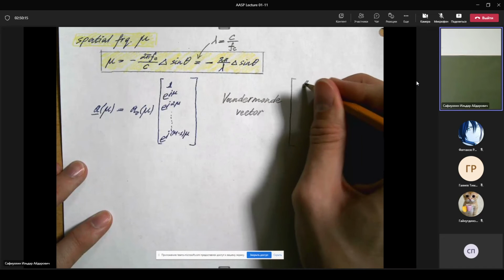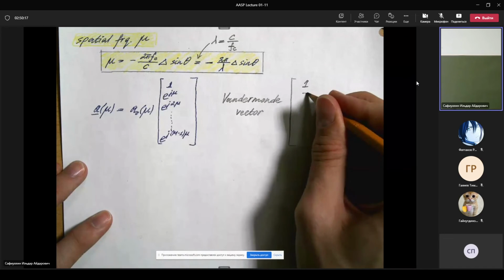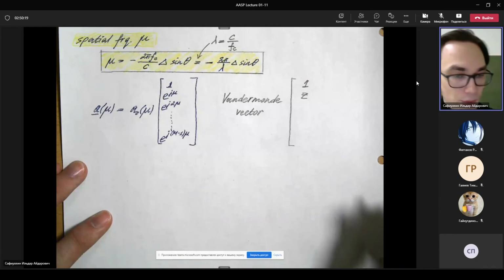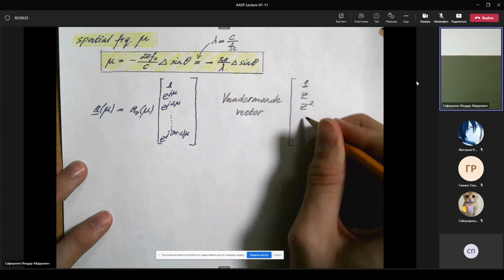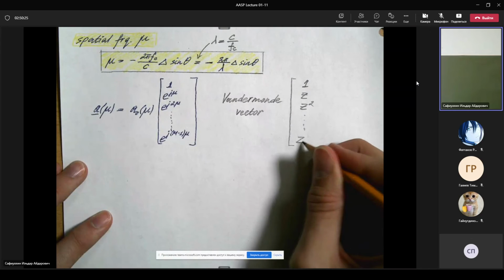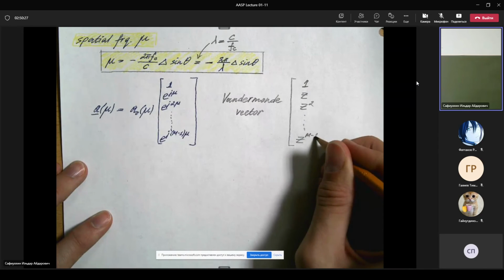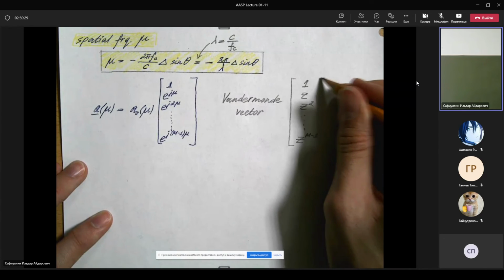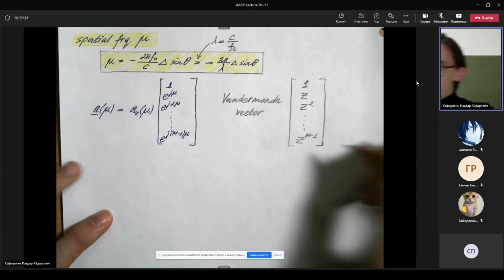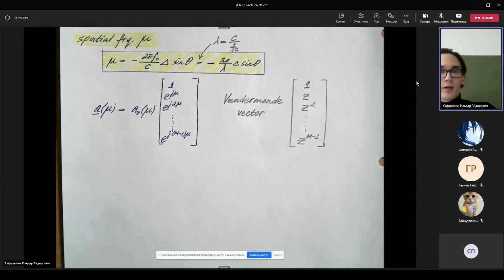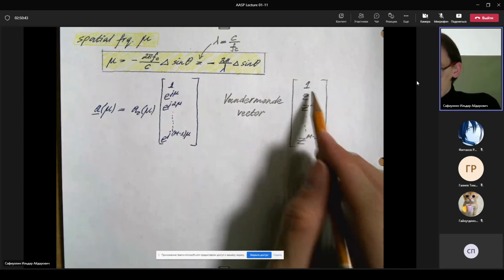Then the second one is some value z. Then z to the power of 2, up to z to the power of m minus 1. So you can see in this case, instead of z, we have e to the power of j times mu. And then we just put the powers 1, 2, and so on.